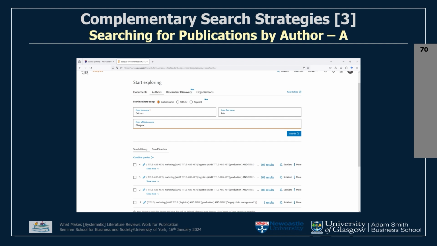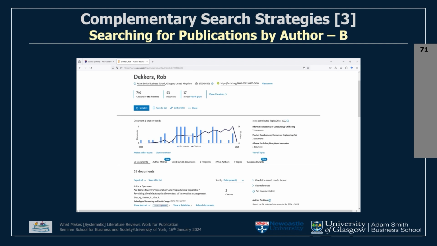I know he's at Glasgow and I know his first name's Rob. Pop that in, and then I get some bibliometric information on Rob, how many papers he's published each year and how many citations he's got and so forth. And then it lists the 52 documents. And again, I can import those into my database and I can get the PDFs through the library search.